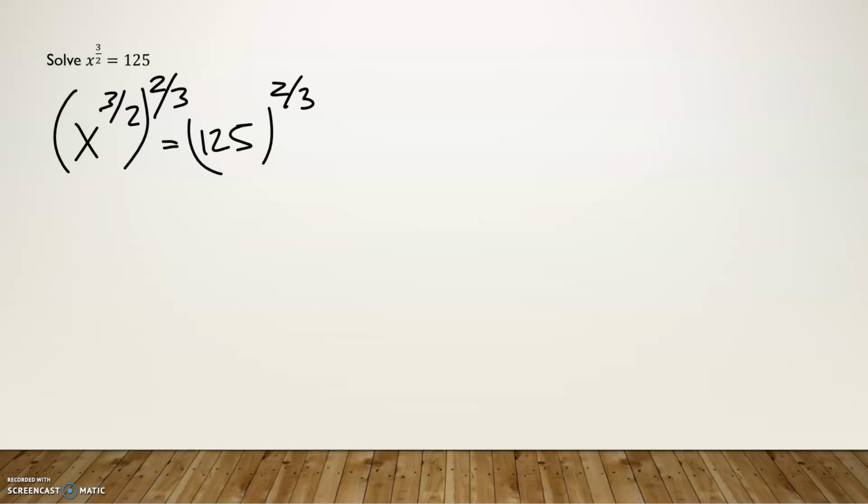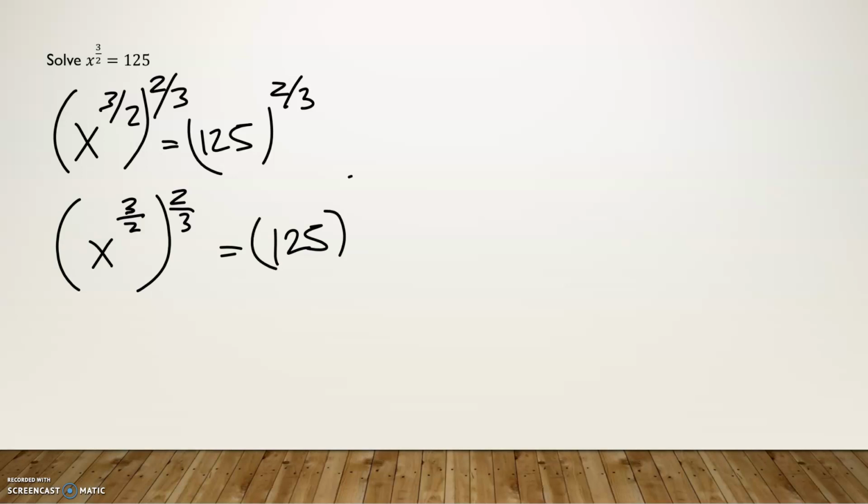Now notice my 2's will cancel, and if I write it just a little bit different, like this, notice my 2's cancel, they go away, and my 3's cancel, and now I have a variable raised to 1. And remember, if it's raised to 1, we usually don't write it.